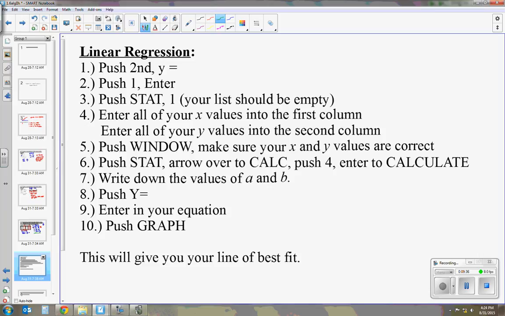Okay, and there's a couple of things that you need to do first before we can do linear regression. And the first thing is I didn't add it to this list, but you want to make sure that you're going to get your correlation coefficient, your R. And to do that, you have to push second, then 0, and then after that, you're going to plug in diagnostic on.